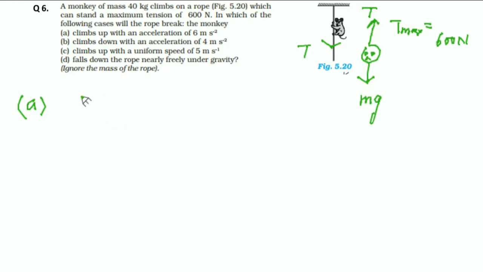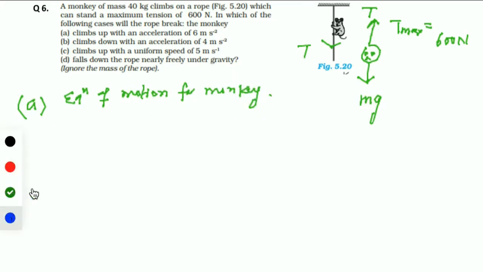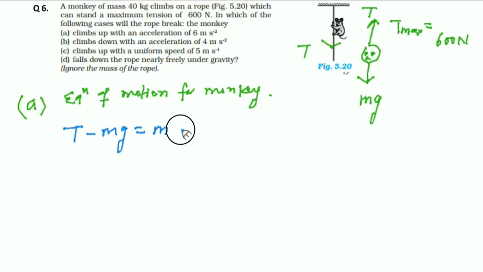So now write the equation of motion for the monkey, not for the rope. The rope is not going anywhere. Where is the monkey going? The monkey is going in the upward direction, so T must be greater than mg. The net force will be in the upward direction: T minus mg equals mass into acceleration.